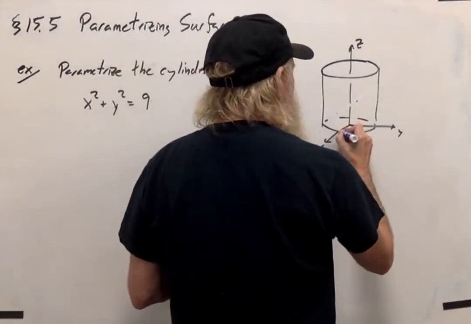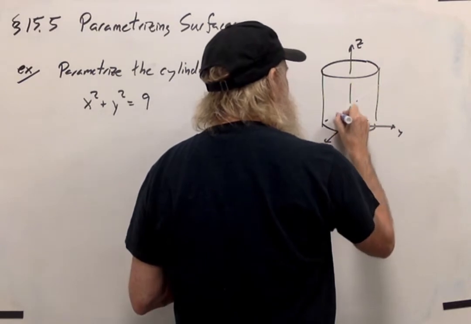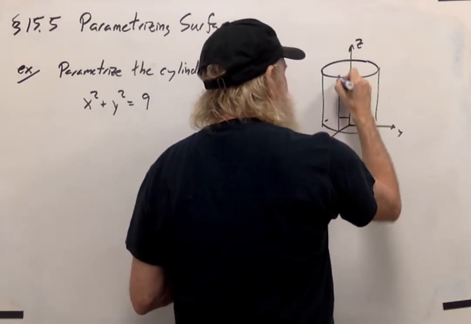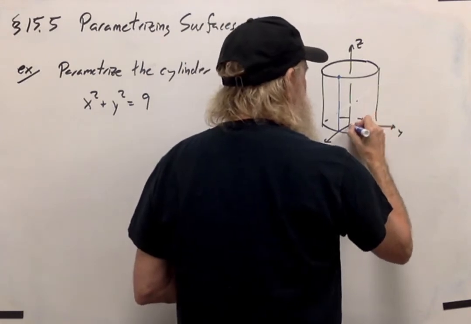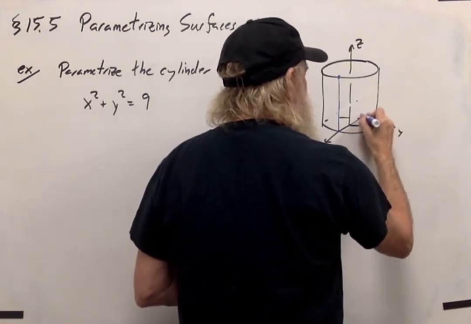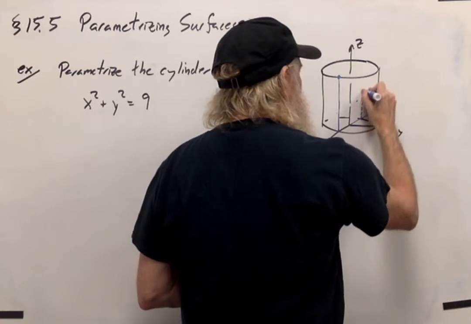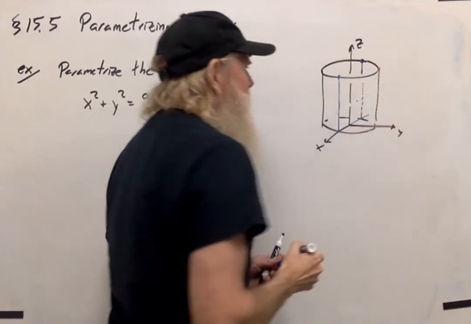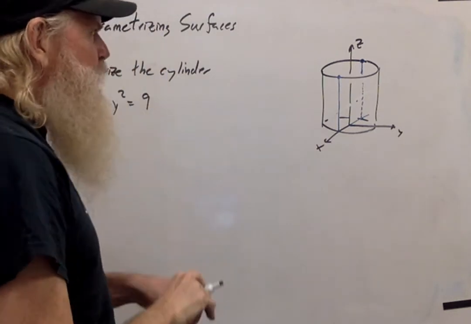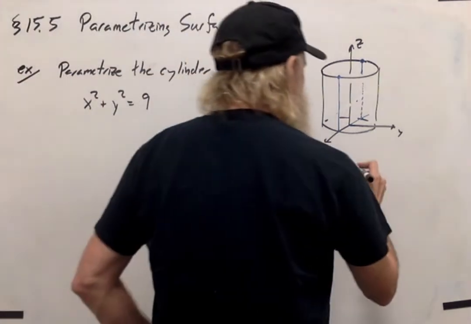So let's imagine cutting along this vertical line above the positive x-axis and the corresponding line back here above the negative x-axis, and use that to split the cylinder into two parts.